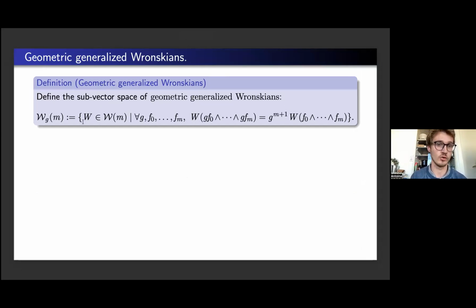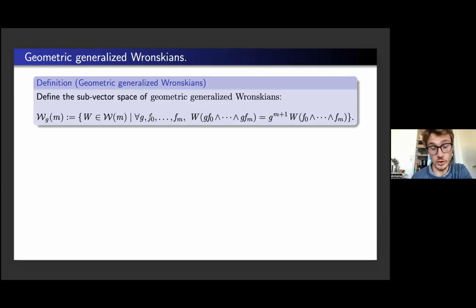We take the geometric generalized Wronskians, the generalized Wronskians that satisfy the following functional equation. So we require that if we multiply all the functions by the same function, then it comes out, and the only possible power is m plus 1 here. And so an element in this space will be called a geometric generalized Wronskian.